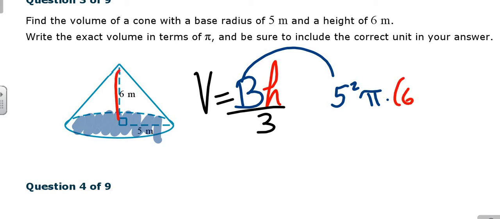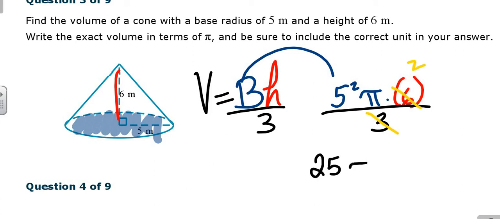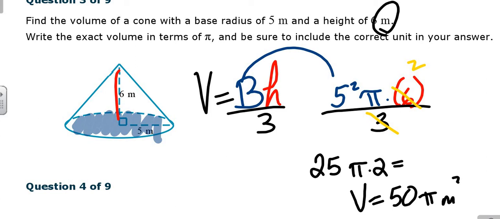Trace your true height over 3. The key to multiplying is not multiplying, it's factoring. 25 pi times 2. Correct answer here, volume equals 50 pi, check units, meters cubed.